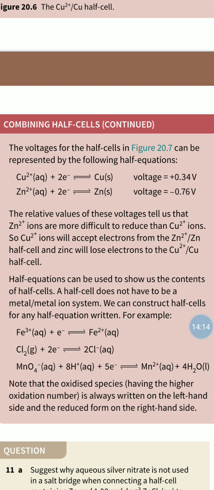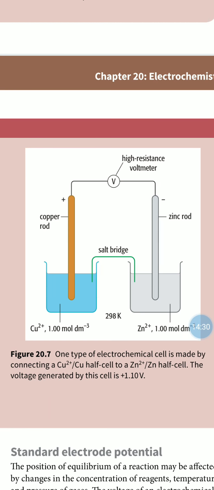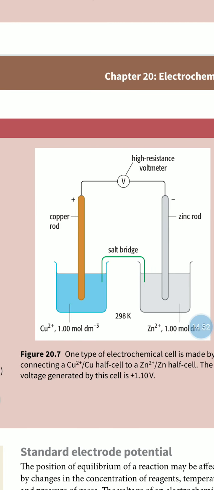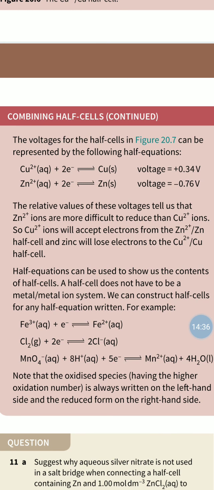So all of these electrons are on the left. Note that the oxidized species, having the higher oxidation number, is always written on the left hand side, and the reduced form on the right hand side. I hope you understood. I will give you the note in the next video.